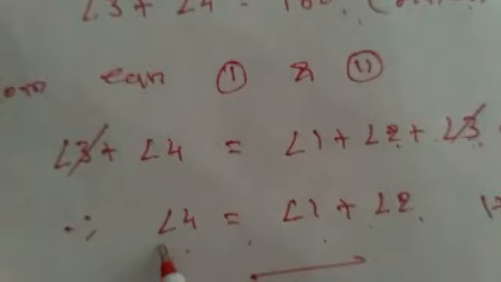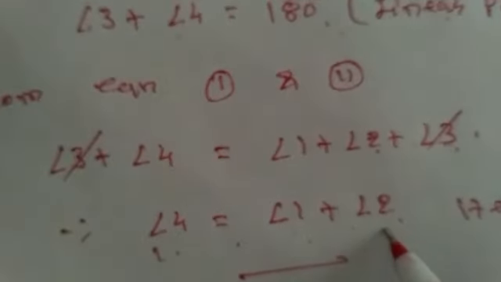And since this angle 3 is on both sides, that is on the LHS as well as the RHS, these two angles will get cancelled, and ultimately we have angle 4 is equal to angle 1 plus angle 2, and hence the result has been proved because angle 4 is the exterior angle and 1 and 2 are the opposite interior angles.